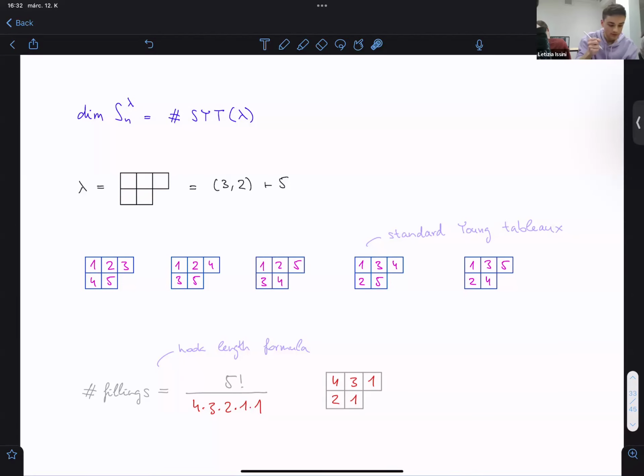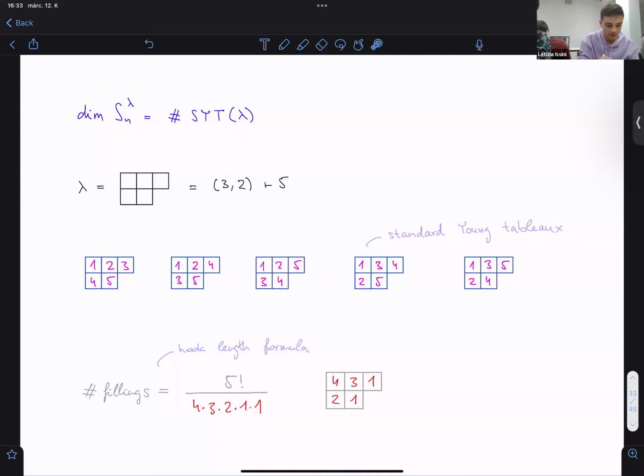And we look at fillings of this diagram with numbers 1, 2, 3, 4, 5, such that the numbers are increasing along the rows and also along the columns. These fillings are called standard Young tableaux. And so the dimension can be described as the number of standard Young tableaux of this shape.